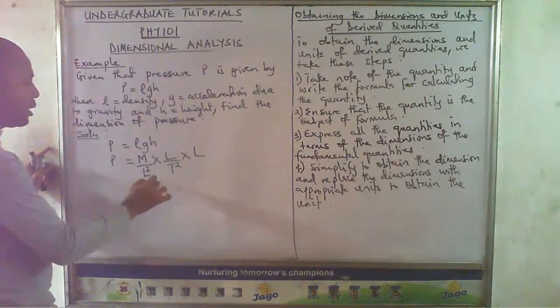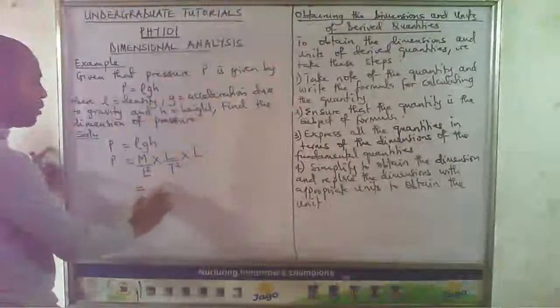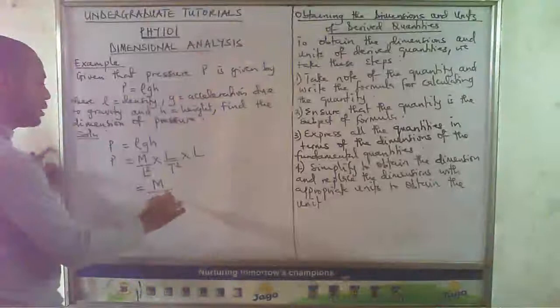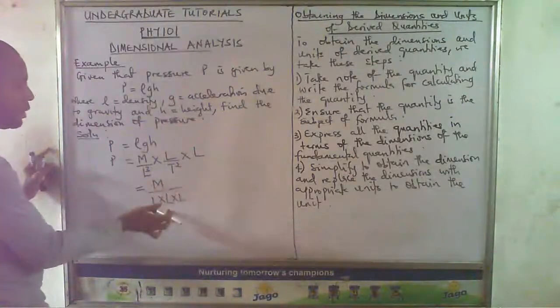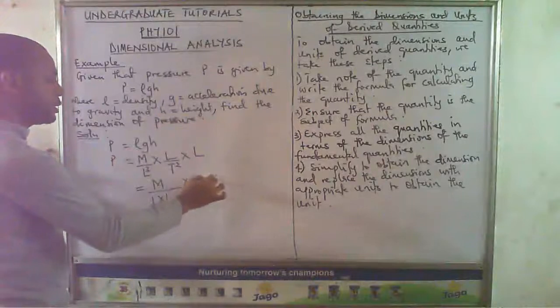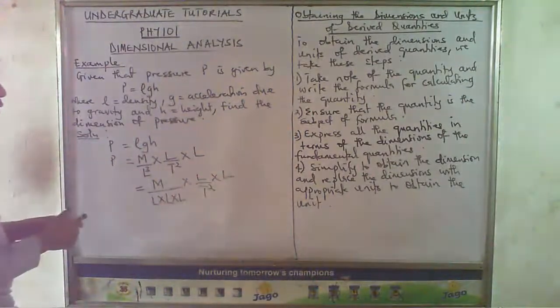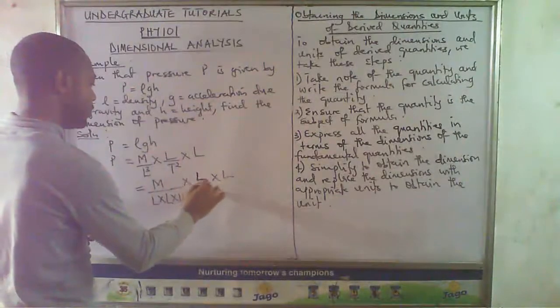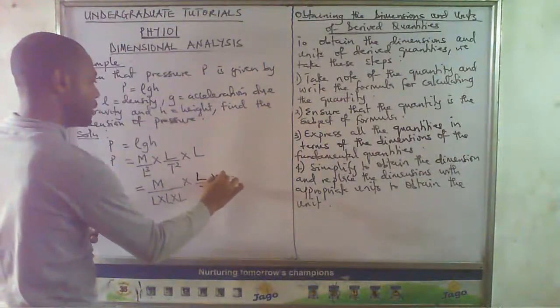Let's just split it so that nobody will complain. That's what this means: mass over length cubed, times length over time square, times length.